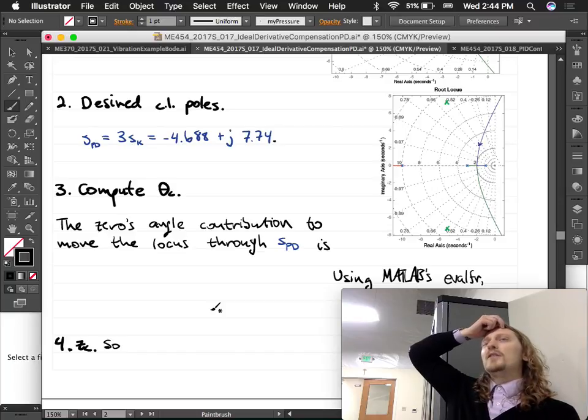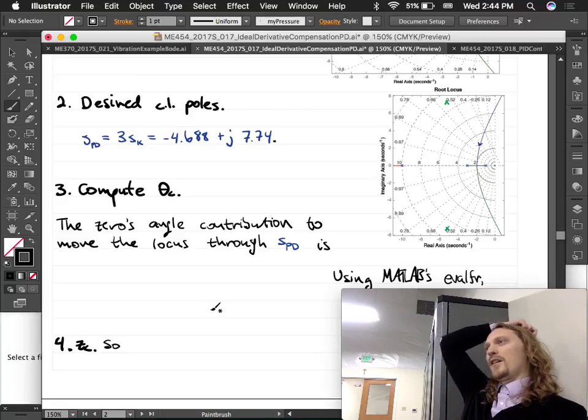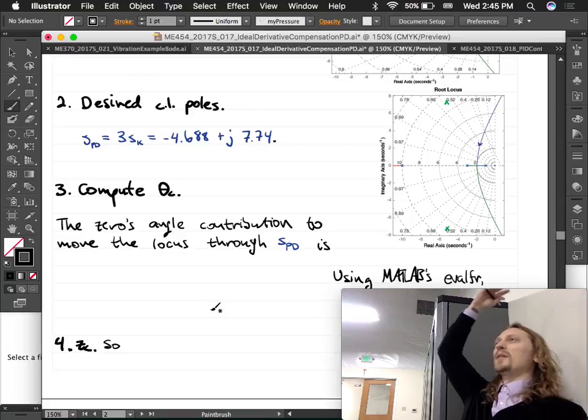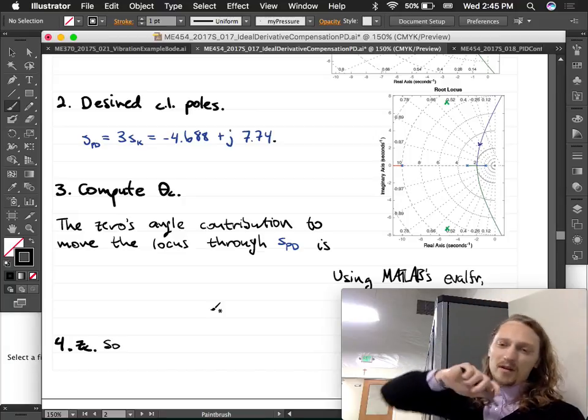I need to go back and check that. The book doesn't give a general formula for it. The book always just does this ad hoc geometry, trigonometry problem. And although you do get some insight into that, it is nice to know the general formula. I can't remember if this is one that you have to adjust in a different quadrant or not. It should jive with your physical understanding of what the angle should be. Okay, so keep that in mind.